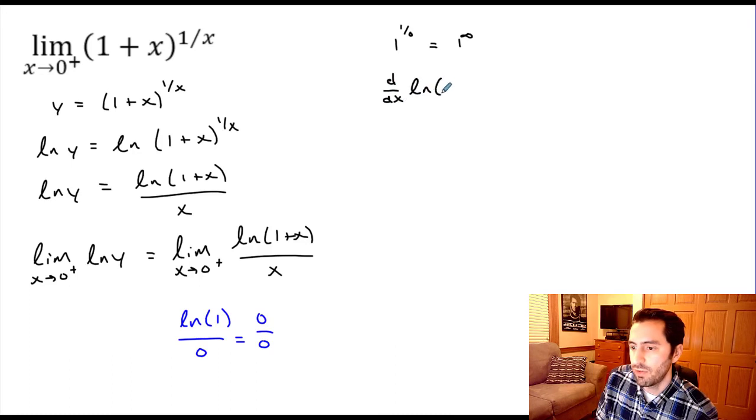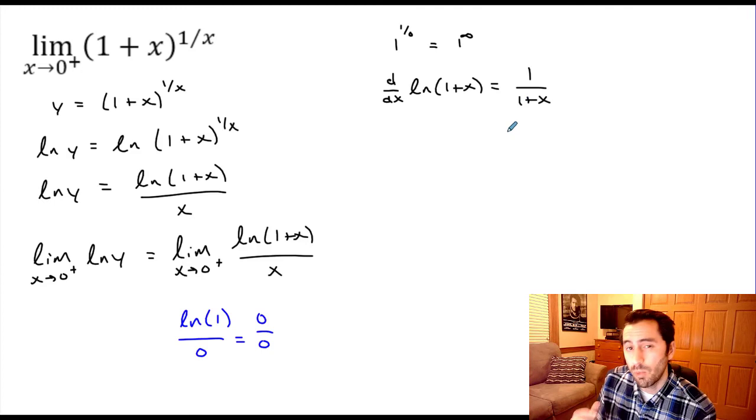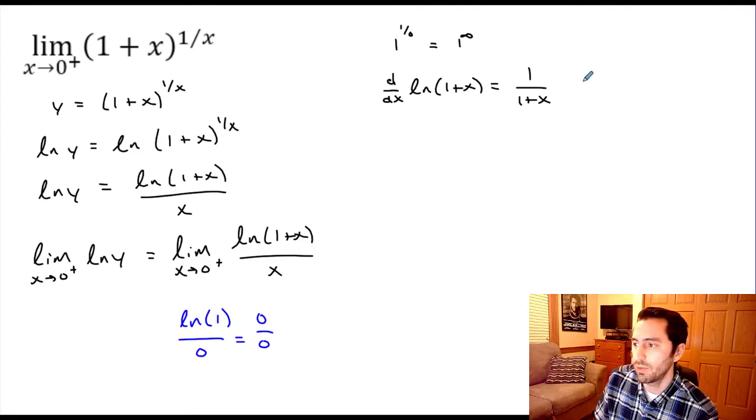The derivative of the natural log of (1 plus x) is going to be equal to 1 over (1 plus x). I would have to use the chain rule, but the derivative of the inside is just equal to 1. And the derivative of the denominator, the derivative of x, is just equal to 1.